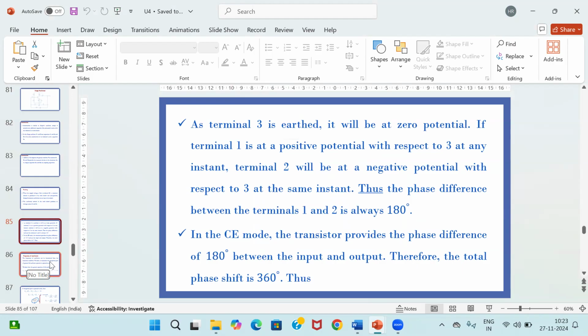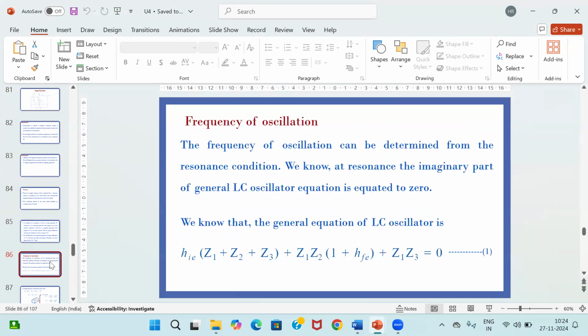Now, how do we derive the condition for oscillation and the frequency of oscillation of a Clapp oscillator? How do we start for all types of oscillators? We have already derived the general equation for the LC oscillator, and from there we start: hie(Z1 + Z2 + Z3) + Z1 Z2 (1 + hfe) + Z1 Z3 = 0.